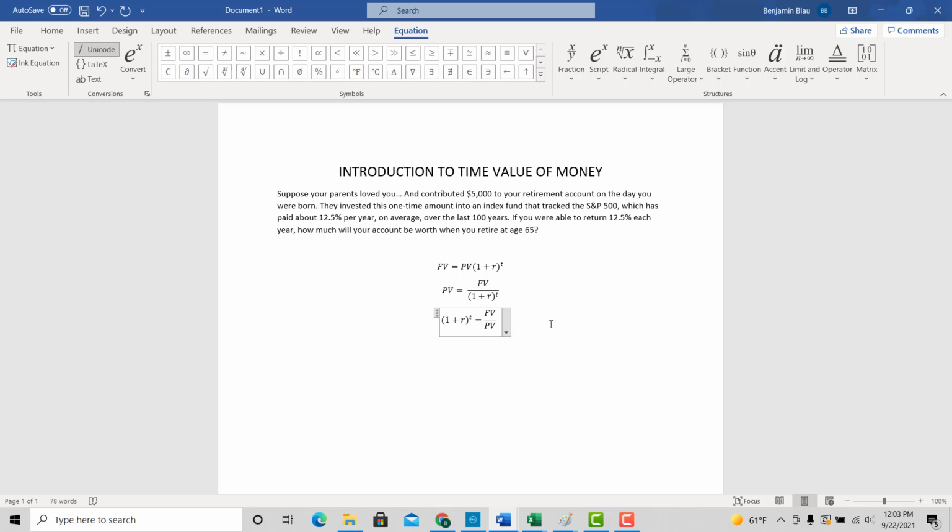Now I'm going to get the t off of both sides. The way that I do that is I raise the left-hand side to 1 over t and the right-hand side to 1 over t.